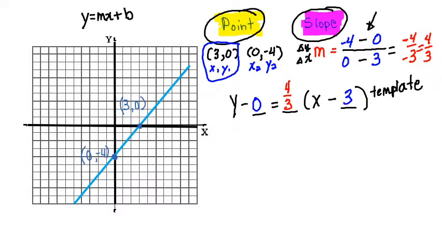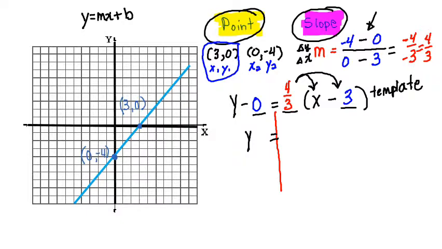All right, the whole thing here is to get y by itself because we need y equals mx plus b. I like working from left to right, consistently do that. So y minus 0, lucky us, gets already done. We're going to distribute the slope into the values here.